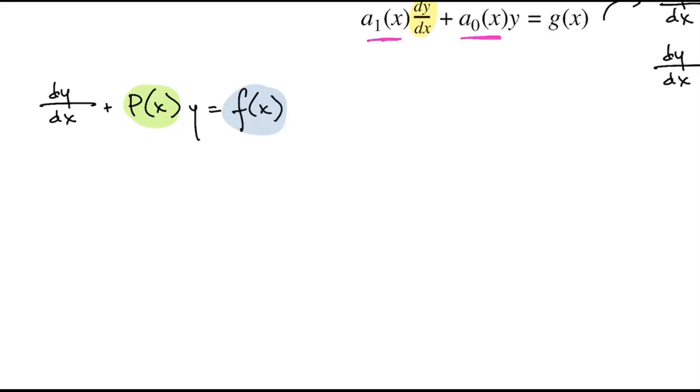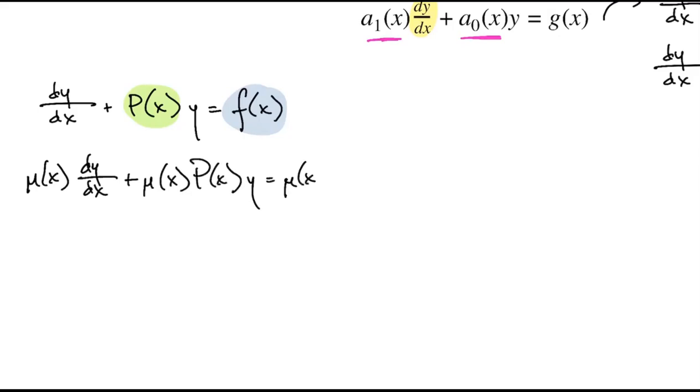And if we did that, we would get the following: mu of x dy dx plus mu of x p of x y equals mu of x f of x. All right, so I've got this magical function. I multiply everything by it.